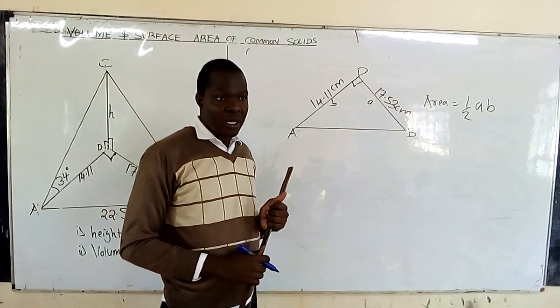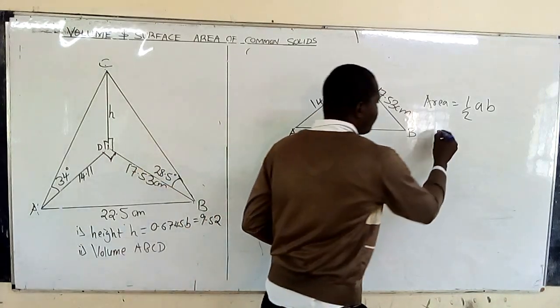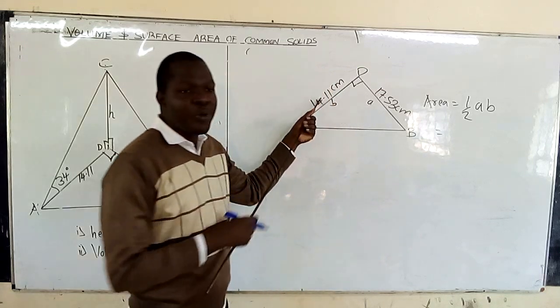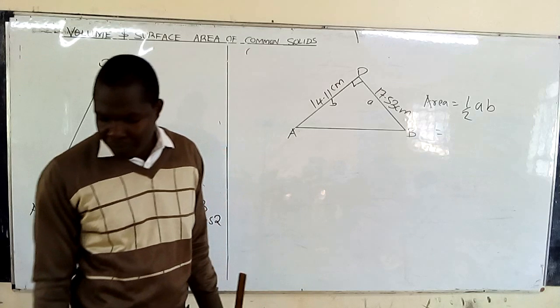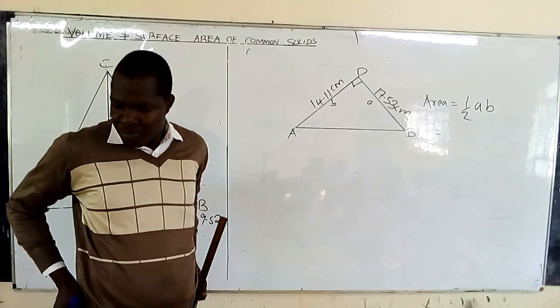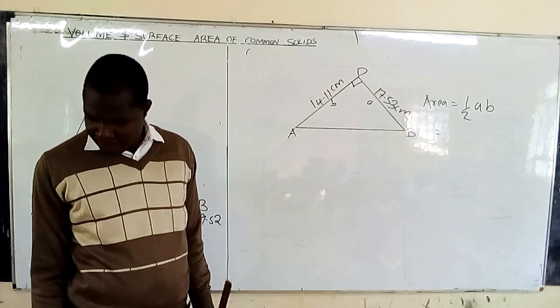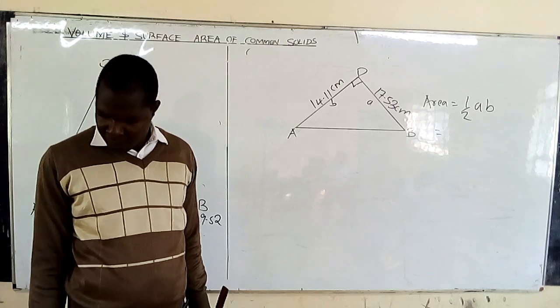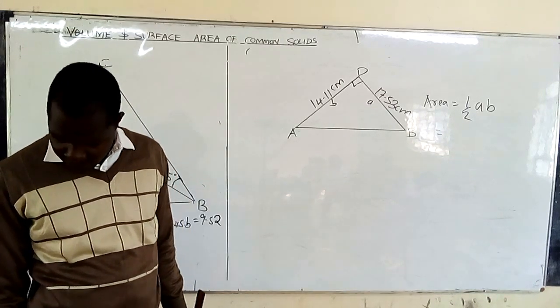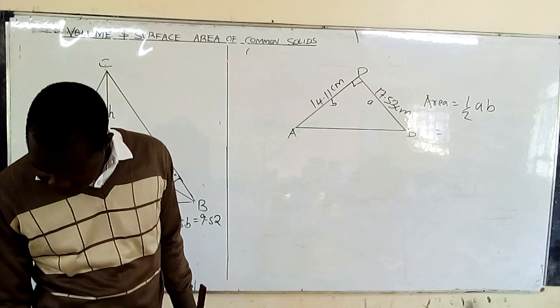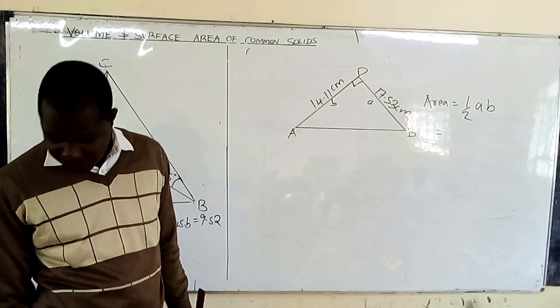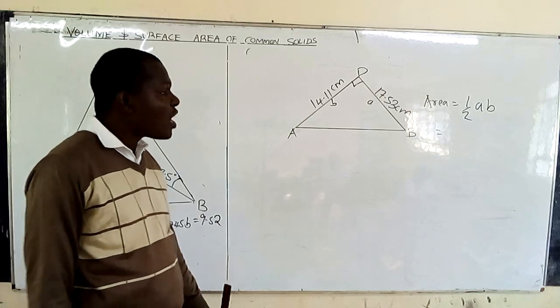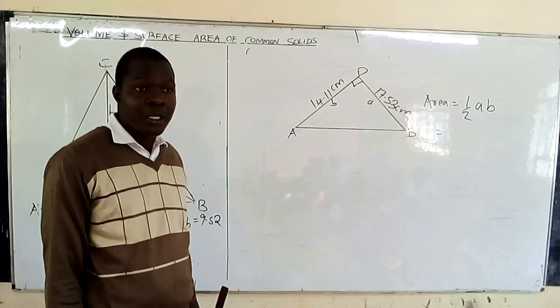Are we together? So what do you get with the area there? A half times 14.11 times 17.53. What is the base area? 123.67. You have 123.67.